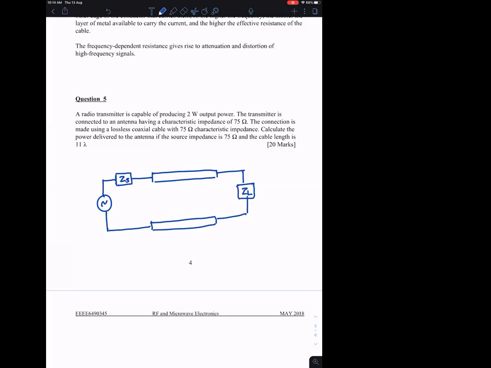Capable of producing 2 watts, that means that's available power. Available power 2 watts. Okay, let me write here, available power.